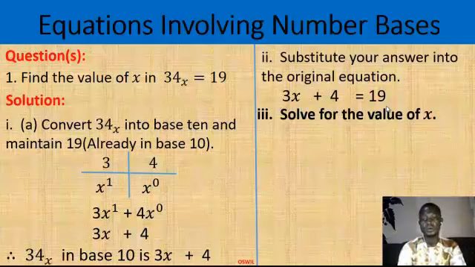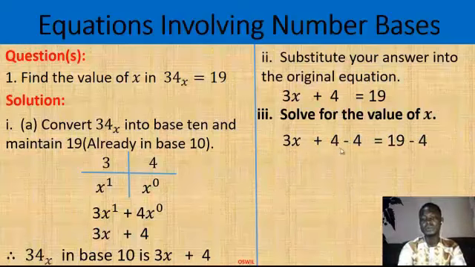So what we must do is to find the additive inverse of 4 and add it to both sides. So the additive inverse of positive 4 is negative 4. So we subtract 4 from both sides of the equation, and that is what you see on the screen.